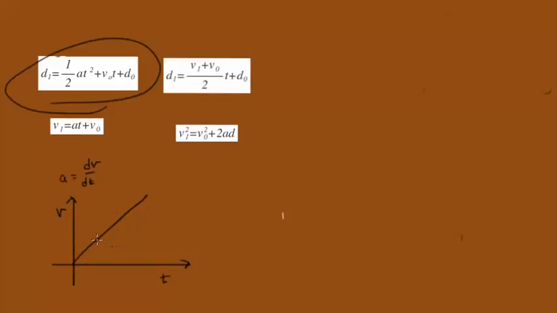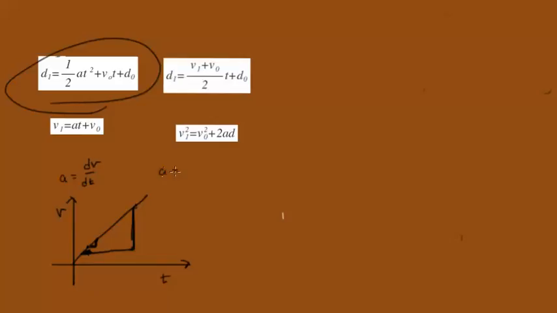So if we took an infinitesimal change in velocity per infinitesimal change in time, pretend that these lines are infinitely small, that would be the same as saying a big change in velocity over a big change in time. This ratio is the same because the slope doesn't change.